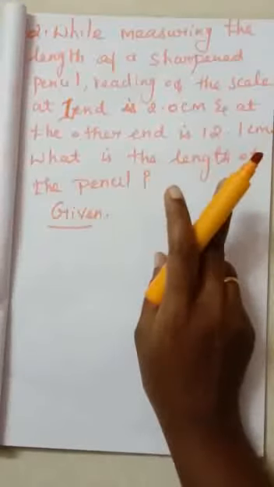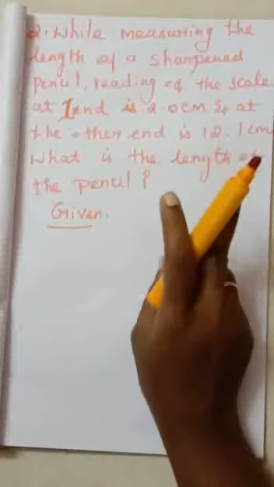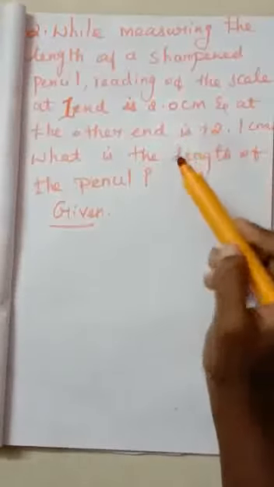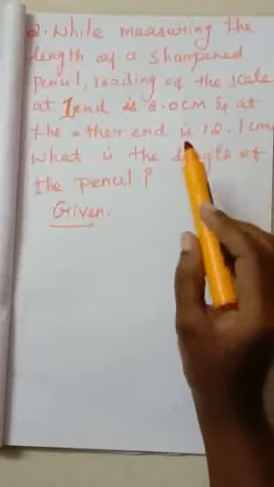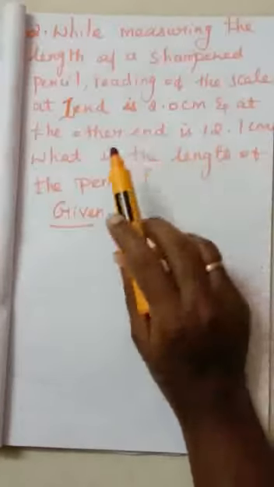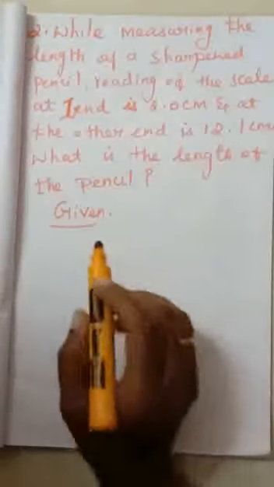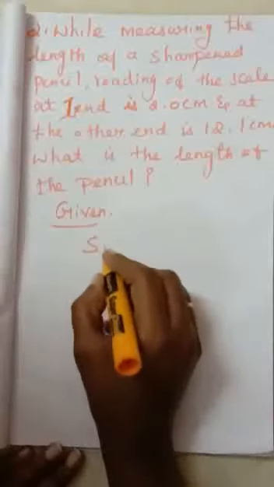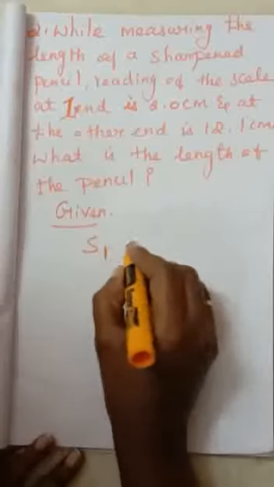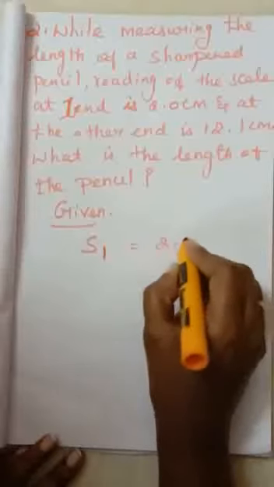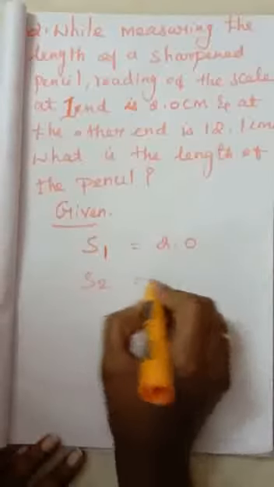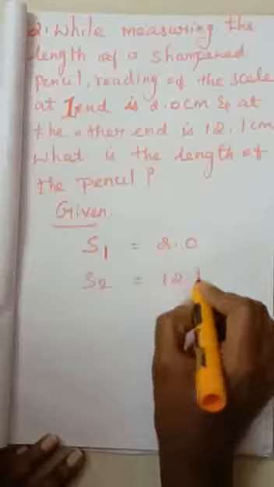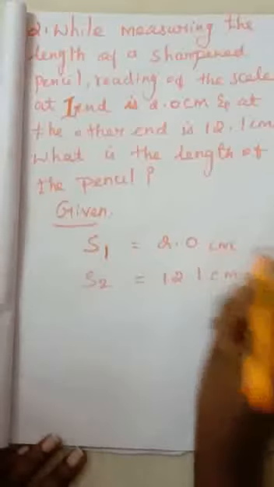One end of the sharpened pencil reads 2.0 and the other end is 12.1 centimeter. Okay, here what is the given value? Sharpened pencil at one end, that value is taken as S1, which is 2.0, and S2 is the other end, right? That has been taken as 12.1 centimeter, right?